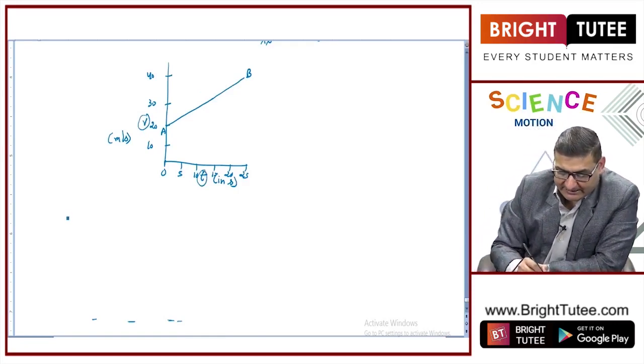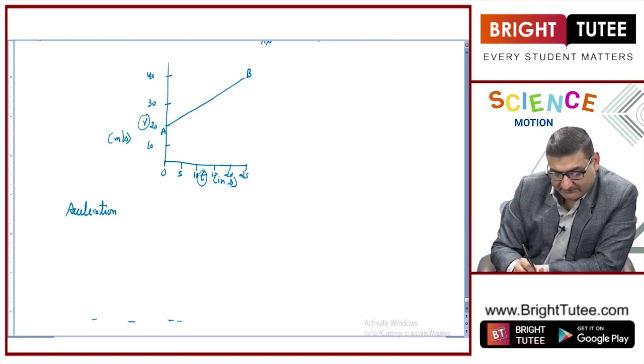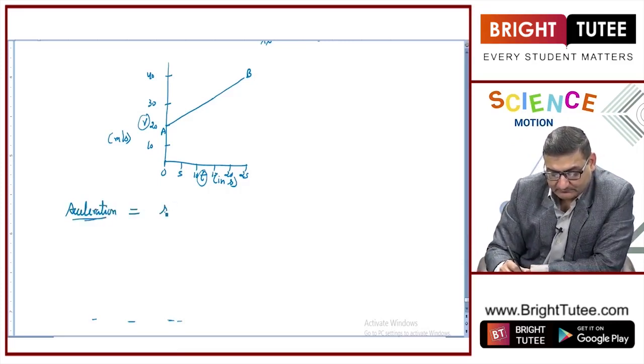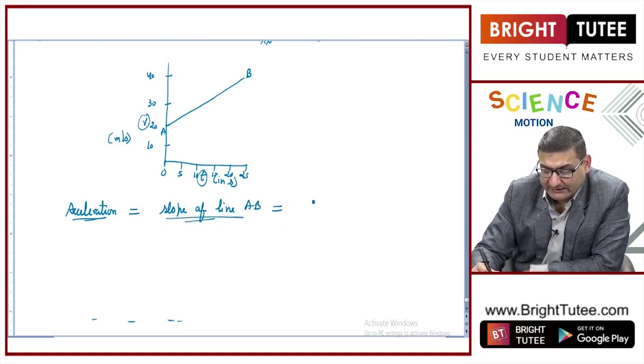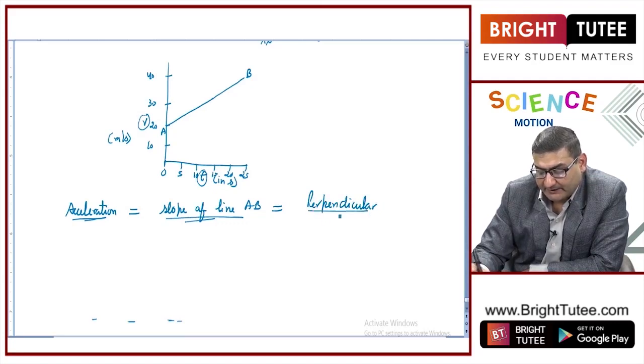So, if I need to calculate the acceleration, my basic formula remains the same. Initially, I will relate it with the slope of line AB. And how am I going to calculate this slope? This is calculated by the formula perpendicular upon base.